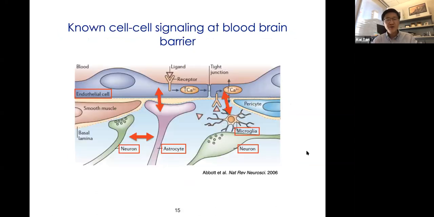For these cell types that are covered in this tissue, several of them are known to interact based on years of research, which is summarized in this review. For instance, astrocyte is known to interact with endothelium cell, and a neuron is known to interact with astrocyte, which is well known. And also microglia is known to interact with endothelium cell, and so on.